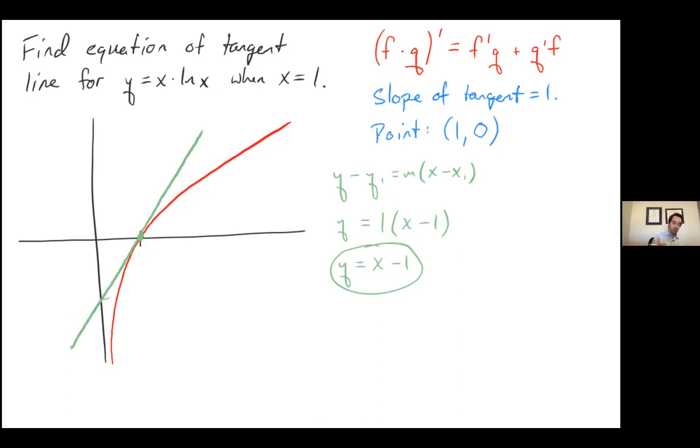And the idea is that this -1 is the y-intercept of the tangent line, and its slope is 1. So it goes from 0, -1 to 1, 0. The important thing from a calculus perspective is that it's tangent to the graph. So this answers the question.